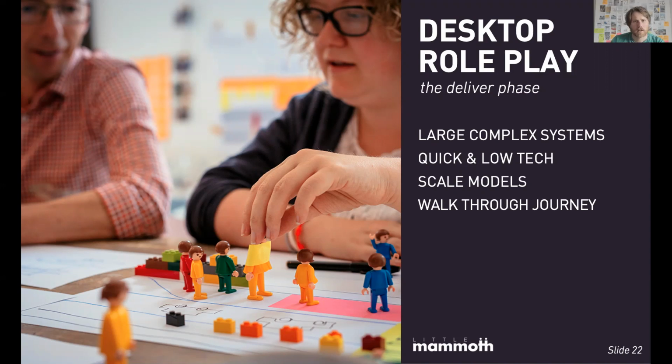And because it's a walking through journey, it's mapping movement. It can map movement of people. It can map the movement of traffic, for instance, if you were creating something on a mass scale. Or it could allow you to track the movement of data. So, for instance, if you need to understand exactly how data works within your system, this is a good method to use to track that.